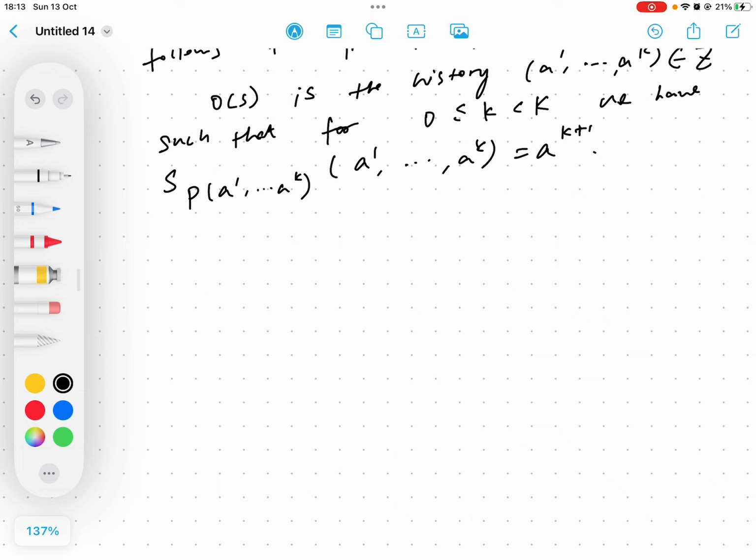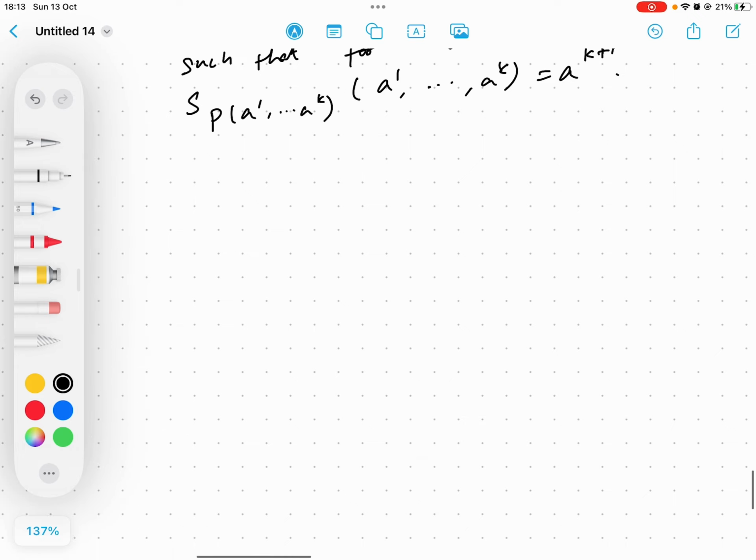So given that reason, we could naturally define the Nash equilibrium of the extensive game with perfect information. Okay.